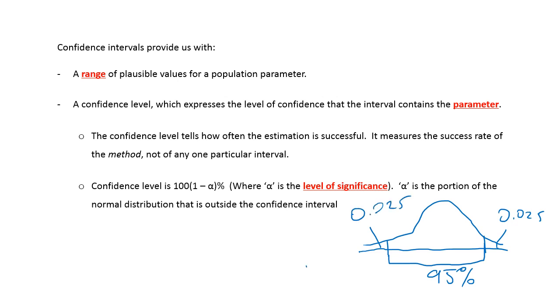So in this case, alpha would equal 0.05. It is the portion of our distribution that is outside the interval. So for a 99% confidence interval, you'd have 1% alpha, 0.01. For 90, you would have 0.1, and so on.